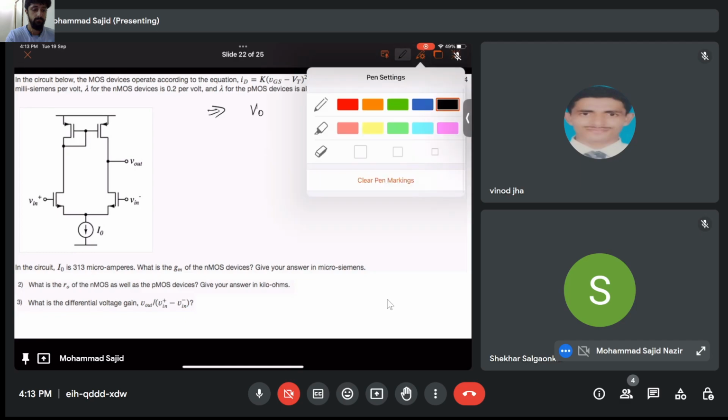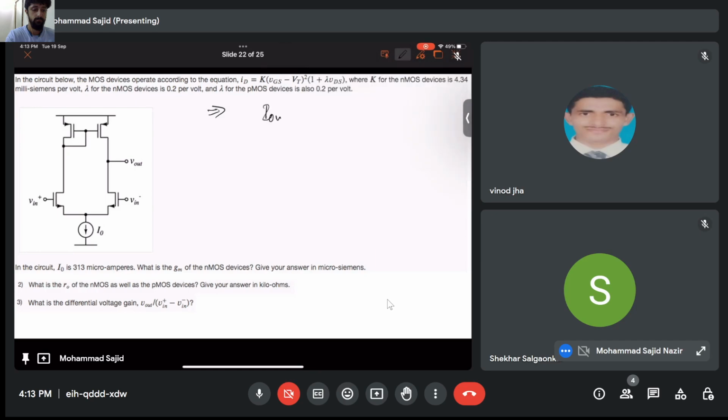Okay, 1 second. What will be I out? Can you tell me what will be I out? We just did a detailed analysis of the circuit to calculate I out. That is the short circuit analysis we did earlier. It is the same.